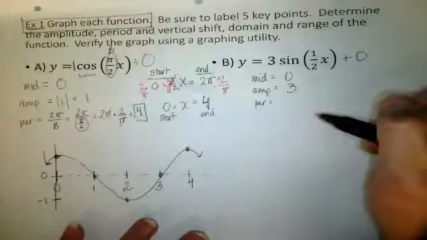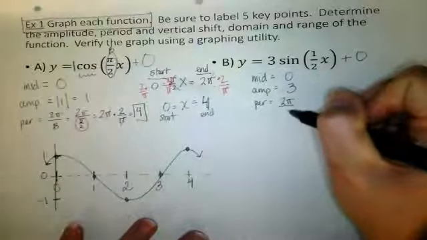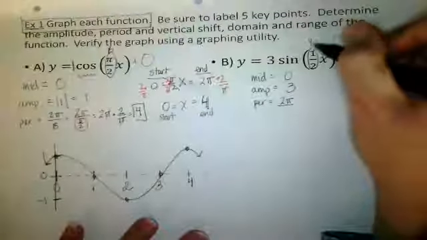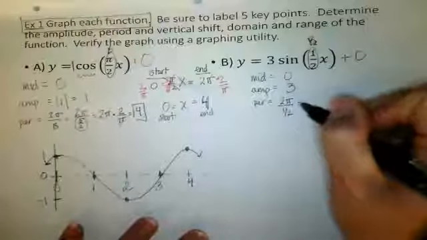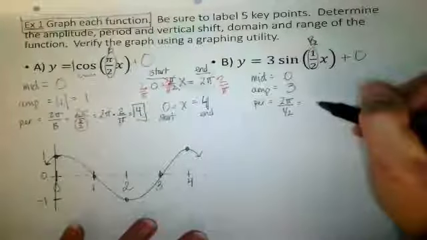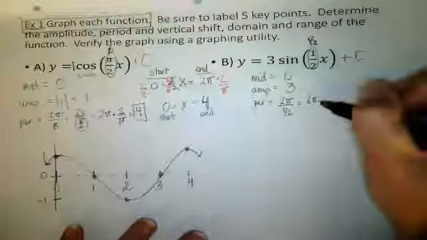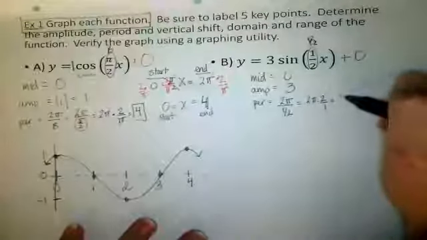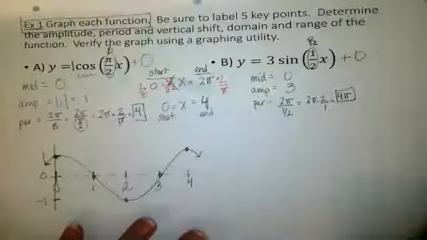How do you find the period? 2 pi over b, and our b value is 1. Oh, that's a b value. Just kidding. 1/2, which means we need to do what? Keep, change, flip. Multiply by the reciprocal. 2 pi times 2 over 1, which is 4 pi. Yeah, over 1.